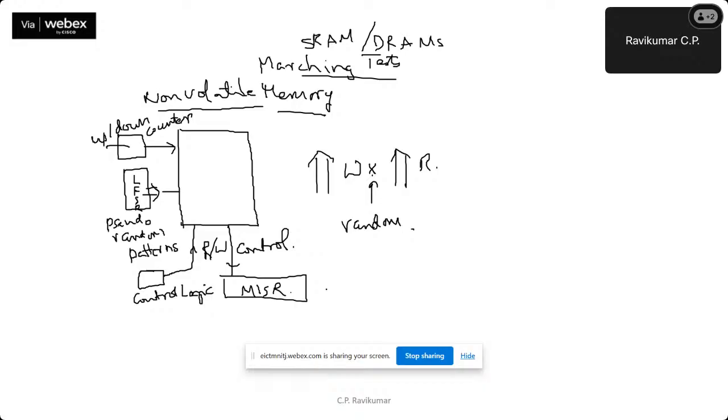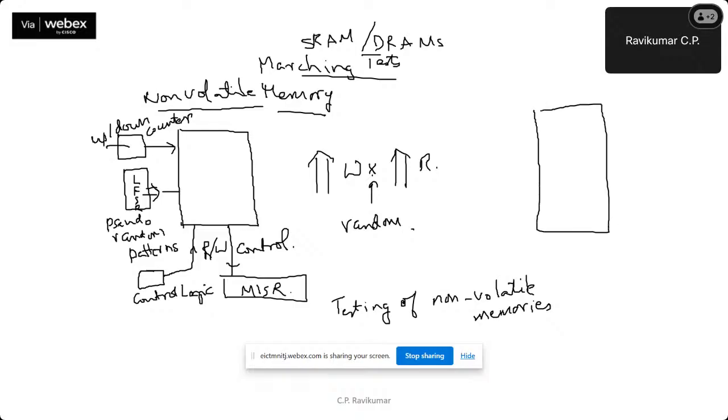So this is a simple scheme for testing of non-volatile memories. You can use ROMs or any other non-volatile memory, and you can test them like this. There are also some simple schemes like you can add all the contents. If you happen to know what the ROM is supposed to store, we can keep what is called the checksum.